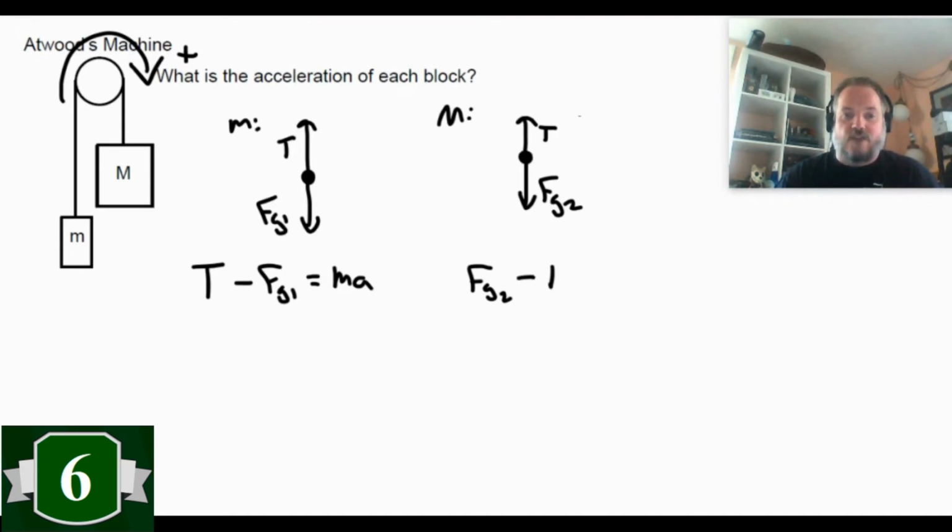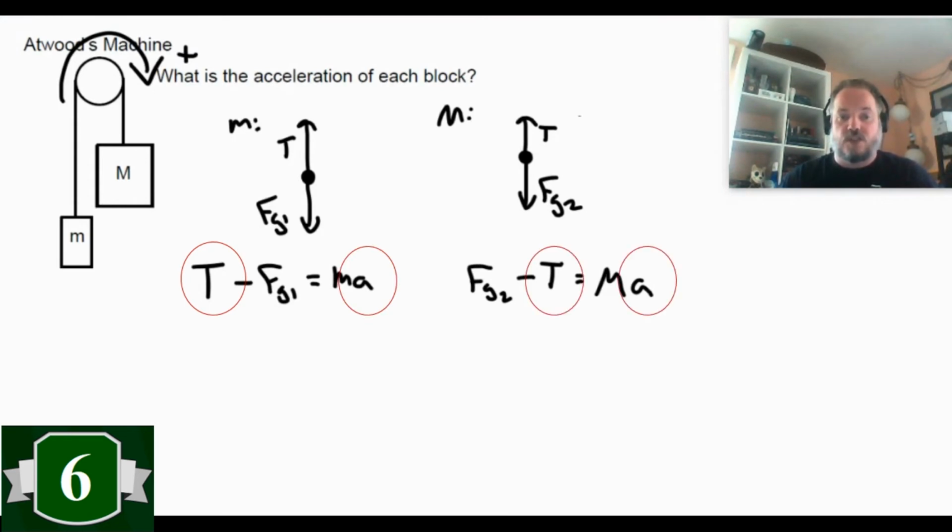Opposing that, we have the tension, and this thing is going to be accelerating. It's not in equilibrium, so it's equal to big M A. Now, how many unknowns do we have? We don't know the tension in the rope, and we don't know the acceleration. Two equations, two unknowns. This is a totally solvable problem.